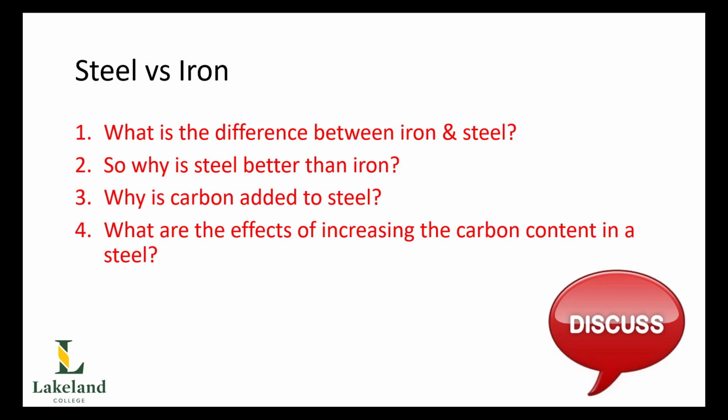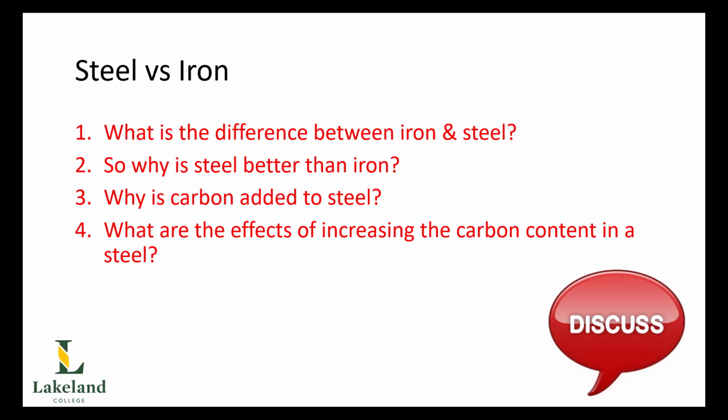Now, why is steel better than iron? Well, first of all, it's going to be tougher, less brittle, and by having the ability to alloy the steel, we can have it suitable for almost any use you can tend to think of. Now, why would we add carbon to the steel? Well, if we add carbon to it, it will become stronger and harder.